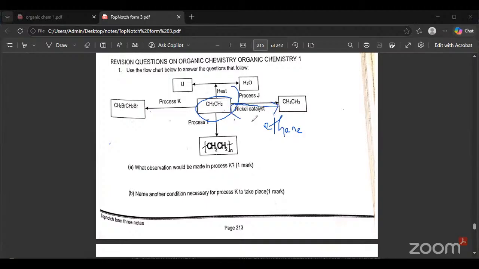Which process requires a nickel catalyst or a palladium catalyst to form ethene? What process is this? Hydrogenation. Yes, so hydrogenation.